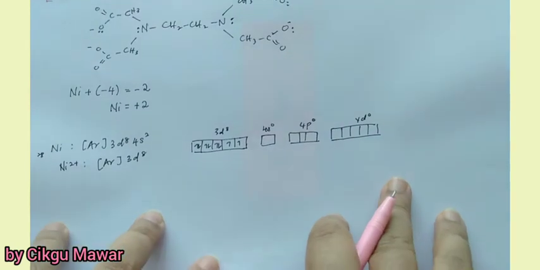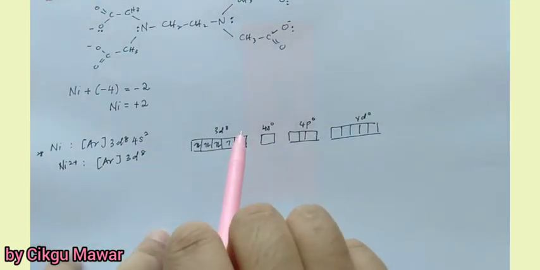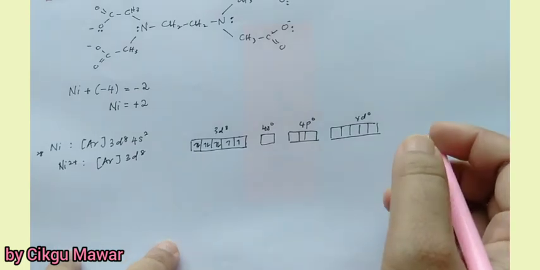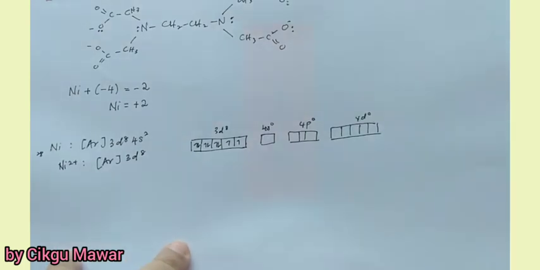Since EDTA is hexadentate, it consists of 6 lone pairs.